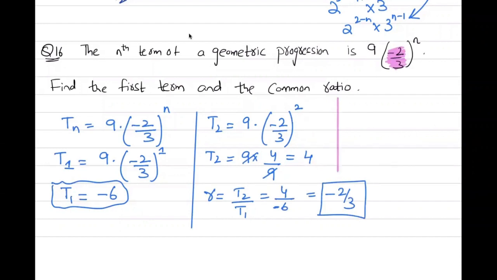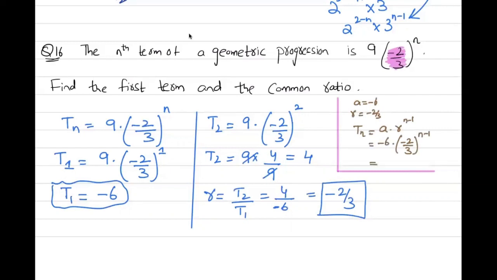The reason being, if I do the reverse working, let's say I know that the first term is minus 6 and the common ratio is minus 2 upon 3. If I ask you to find the nth term, would you agree that you're going to use a times r to the power of n minus 1? So the first term is minus 6, the common ratio is minus 2 upon 3 to the power of n minus 1, right?